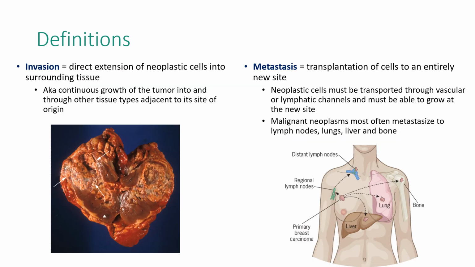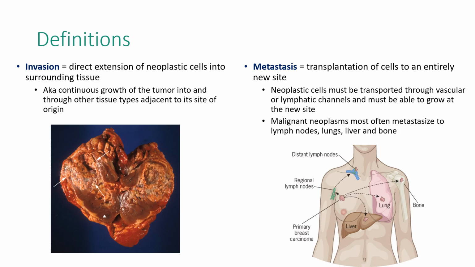The two big behaviors, invasion and metastasis, they're related, but not the same. Invasion is direct extension into surrounding tissue. In plain language, the tumor doesn't stay neatly contained. It pushes through normal boundaries.